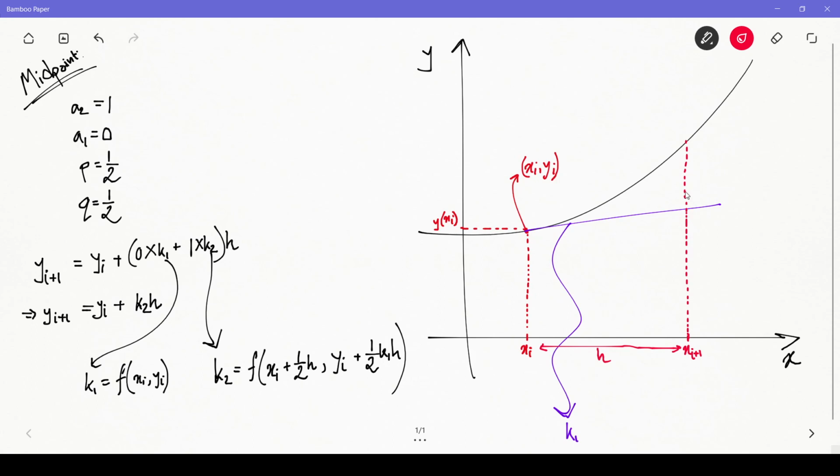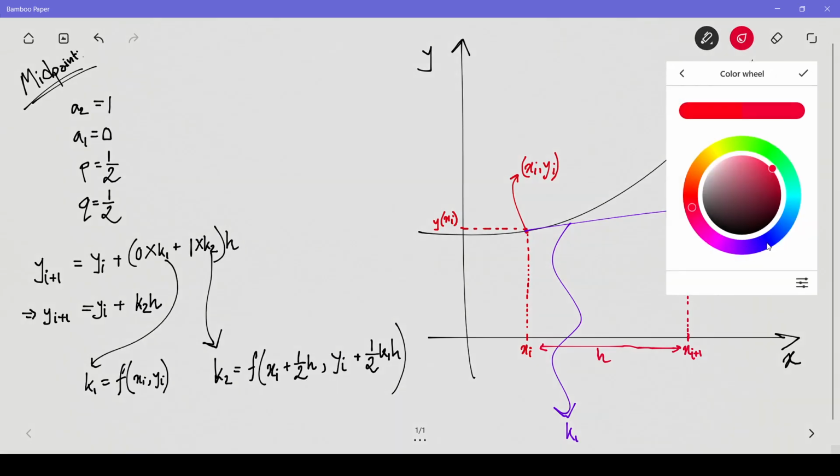We don't need the corresponding y values now. What we need is the approximation of the corresponding y value at the exact midpoint between xi and xi plus 1, because for finding the slope k2, we need the functional value of the bivariate function at that particular point. So let's say xi plus half h is somewhere over here.